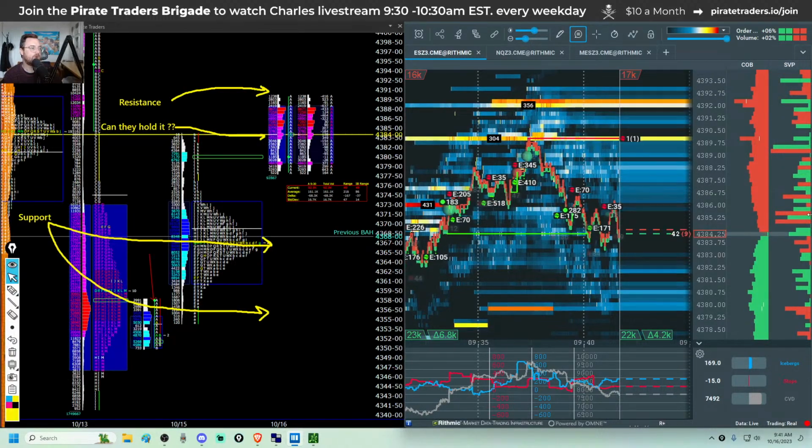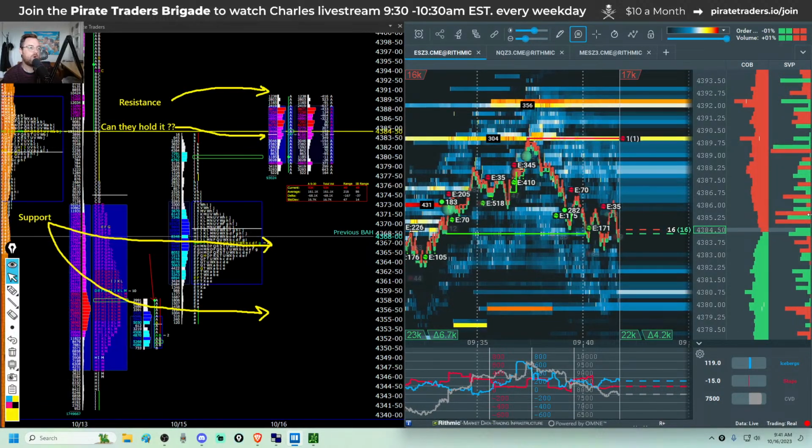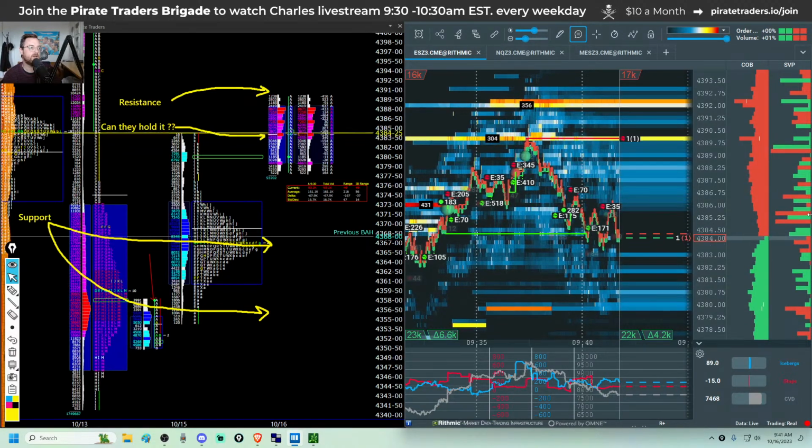All right, here we go. Can they hold the overnight high? If they hold it, it's bullish for continuation higher. If it fails, more chop.